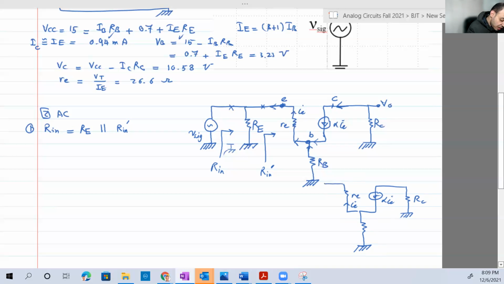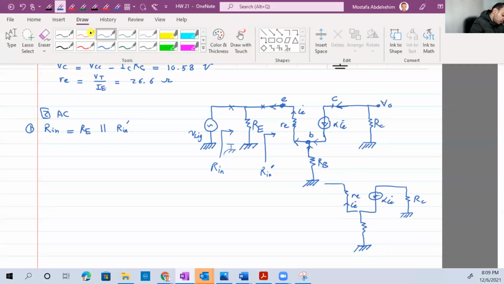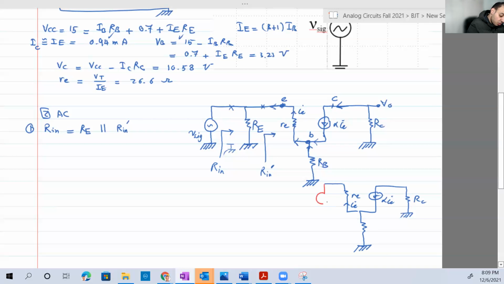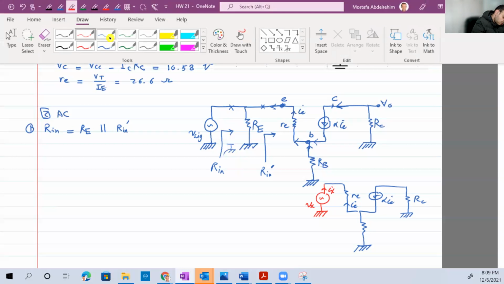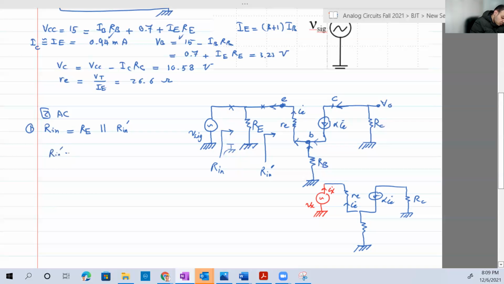That's very important. And we're going to imagine, just for modeling, a VX and IX, a source giving VX voltage and IX current. So Rin dash is VX over IX.